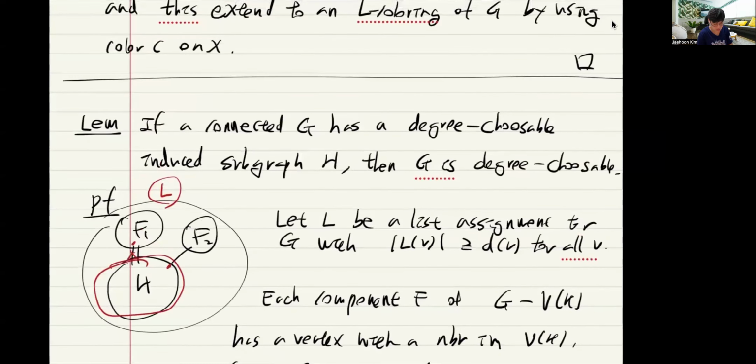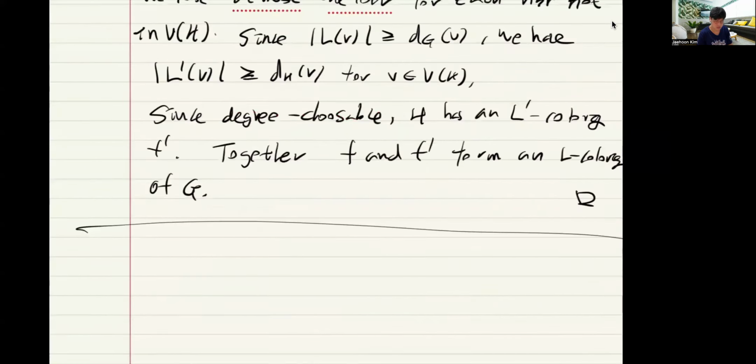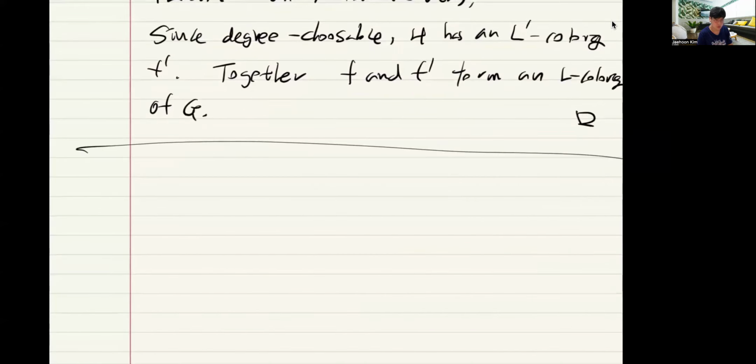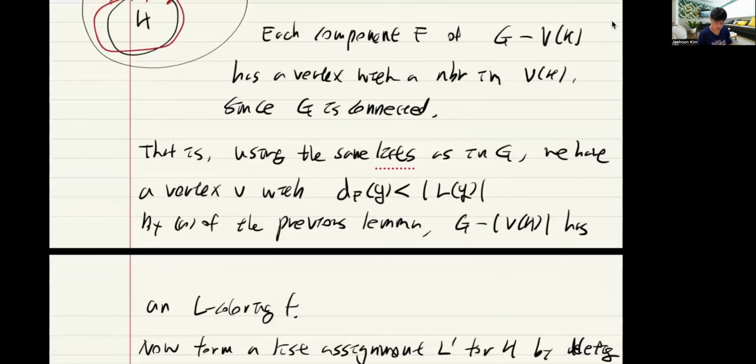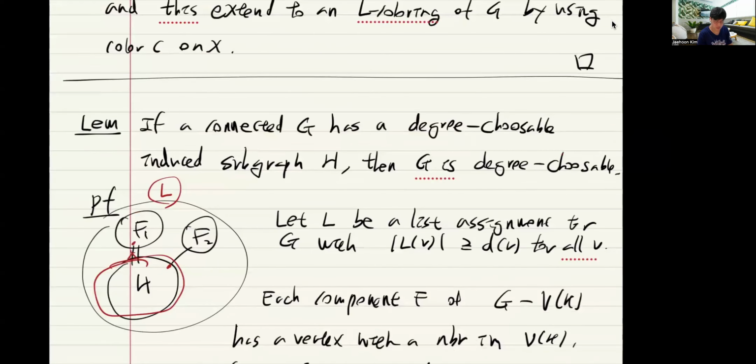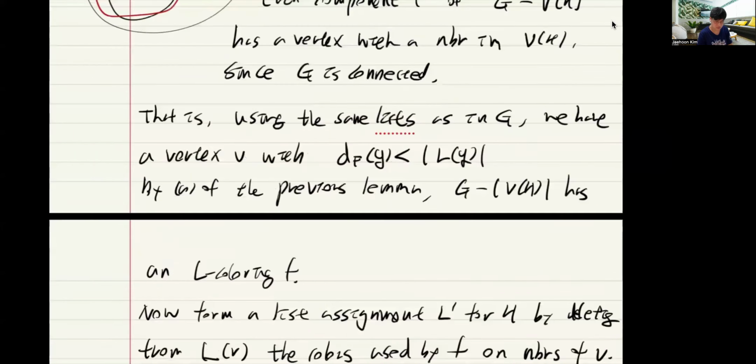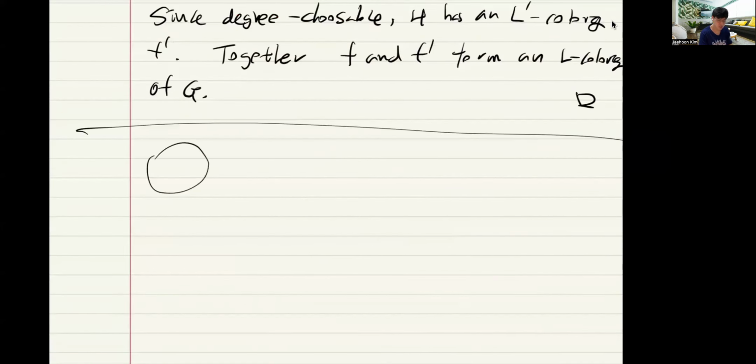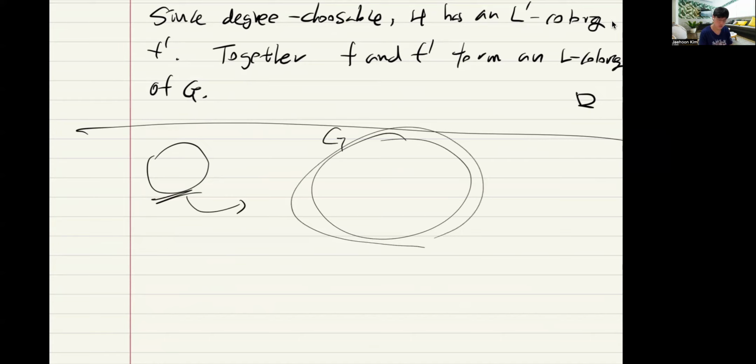So this proves this. And this lemma shows that if you want to show a certain graph is degree choosable, then all we have to do is find a degree choosable induced subgraph. So that provides a certain tool for us to prove this list extension of Brooks' theorem. And next, what graphs are degree choosable? If we prove a certain graph is degree choosable, and if we find this graph in a larger graph, then the larger graph is also degree choosable.